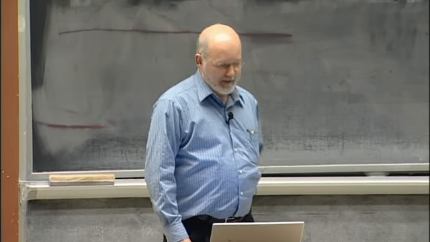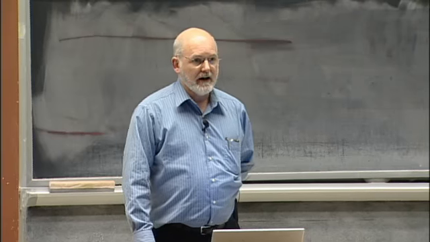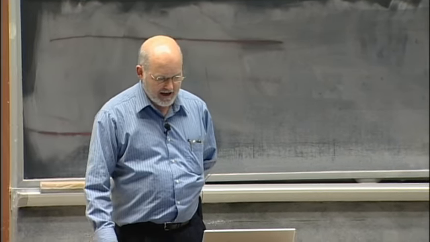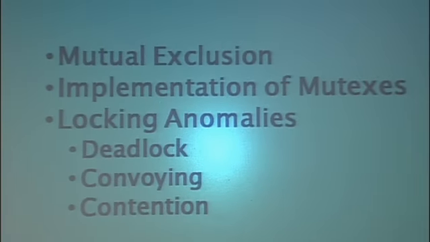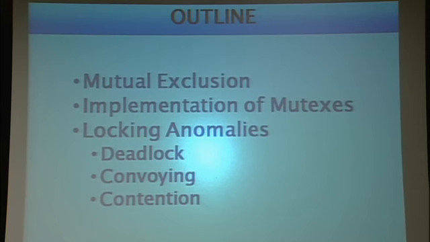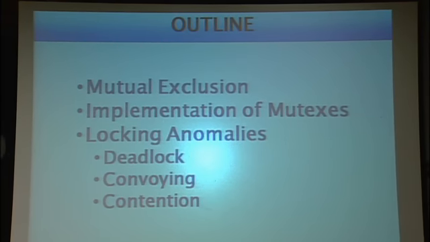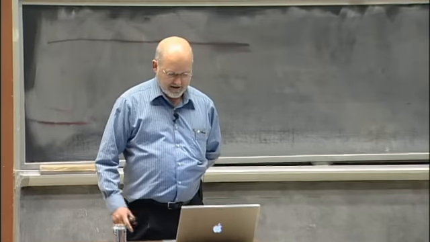We're going to talk about the number one way that people introduce non-determinism into programs, which is via mutual exclusion and mutexes, which are a type of lock, and then look at some of the anomalies that you get besides just things being non-deterministic. You can also get some very, very weird behaviors sometimes for the execution.